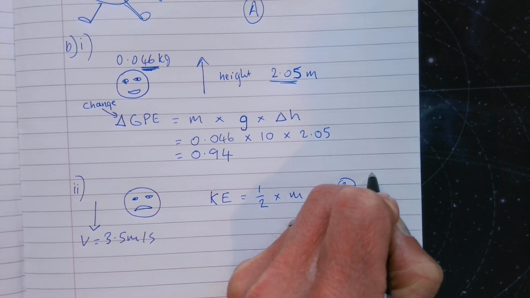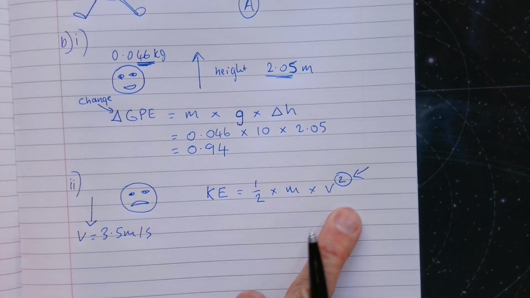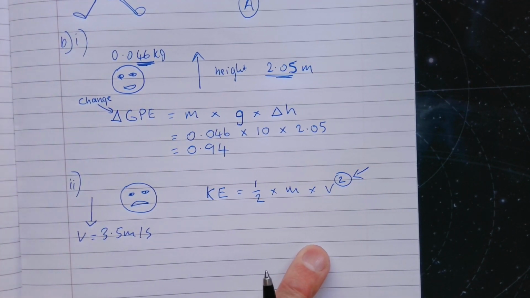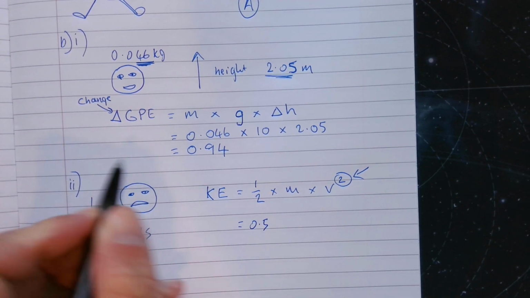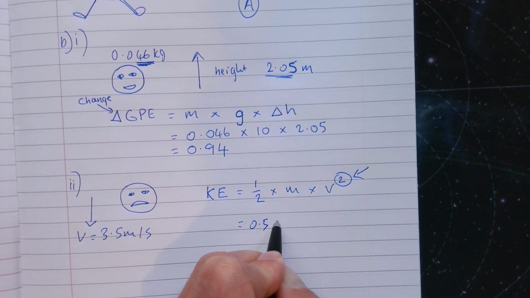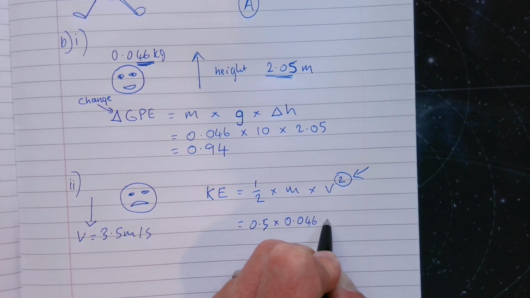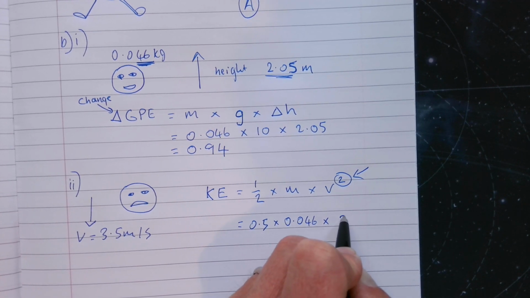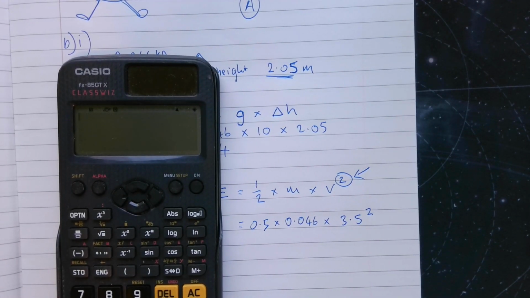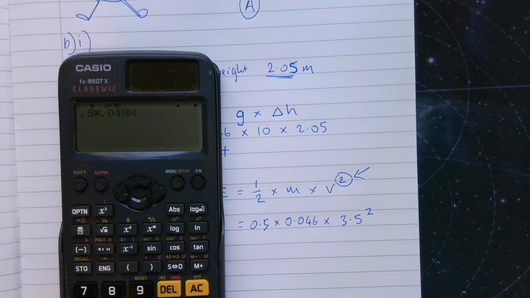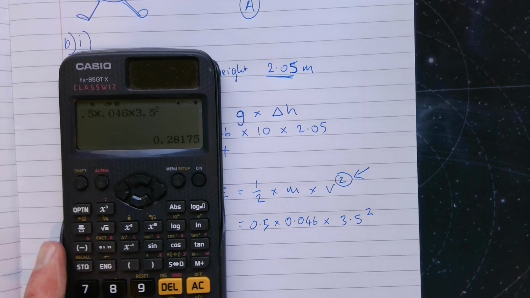Now just be careful, lots of people lose marks for not putting the square in or forgetting to square the velocity. So let's put that in, 0.5, and then it's using the same mass as before because it's the same ball or the same Pedro, 3.5 squared. So let's just pop all that in, and that's going to give us this.